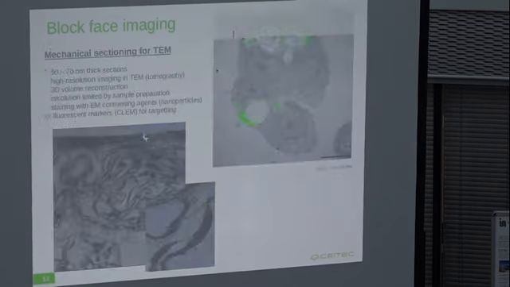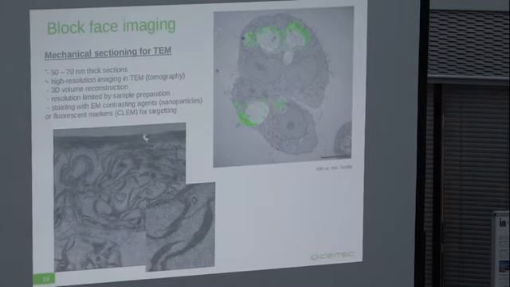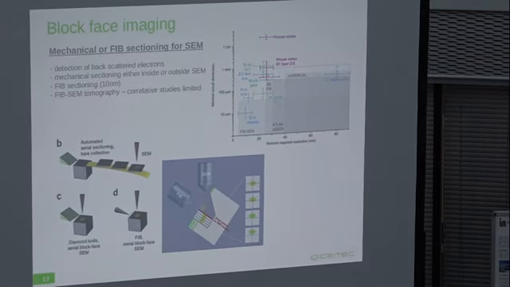You can use gallium ions to ablate part of your specimen, generating a face that you can then image with the electrons.